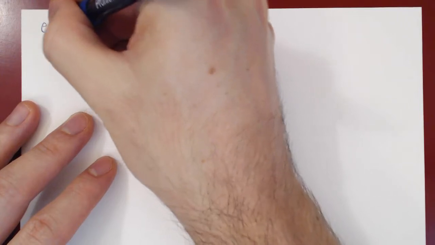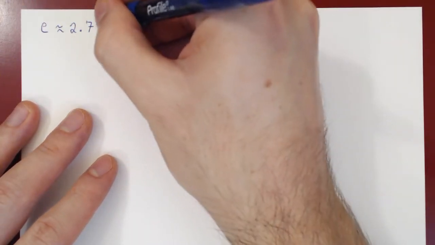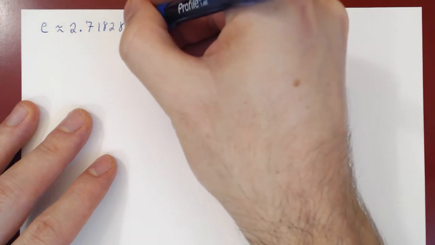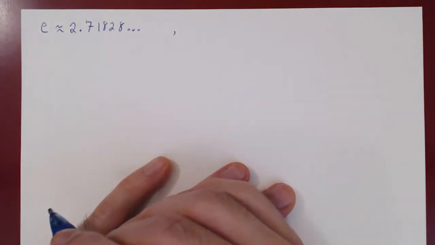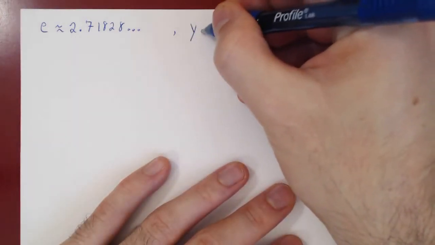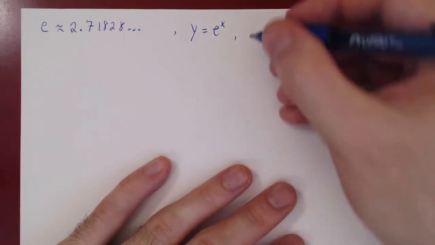So let's recall what we have right now. We have this bizarre number that is irrational, that is approximately 2.71828... And we know that the way we chose it is so that the function y equals e to the x has a slope of exactly 1 at x equals 0.